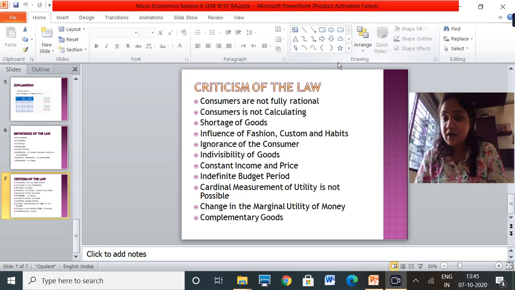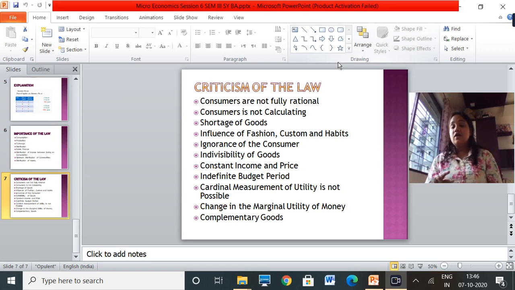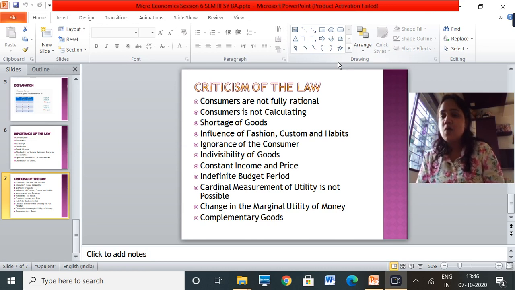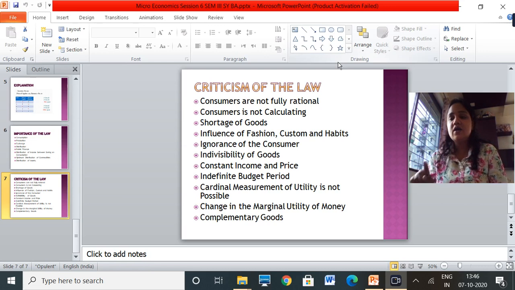That could influence my buying behavior. Instead of buying Cornettos, I would rather shift. Now I have an influence of taste, so I have shifted my taste to some other type of ice creams. So because of the influence of fashions, customs and habits, it could affect the law. The consumer might shift his wants, and shifting wants will nullify the first assumption which we just studied some time back.